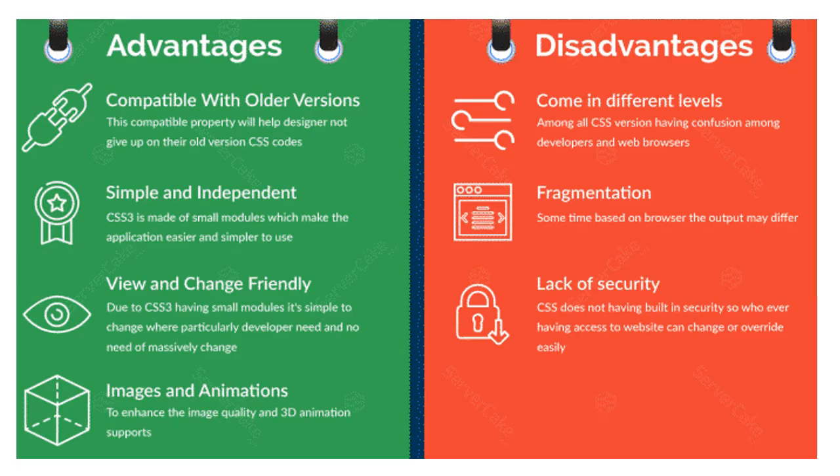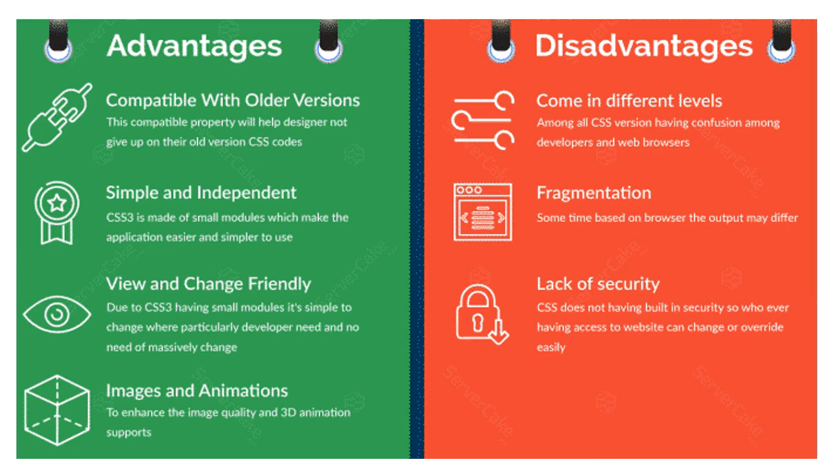So advantages of CSS3: compatible with older versions. This compatibility helps designers not give up older versions of CSS code. Simple and independent. CSS3 is made of small modules which make applications easier and simpler to use.